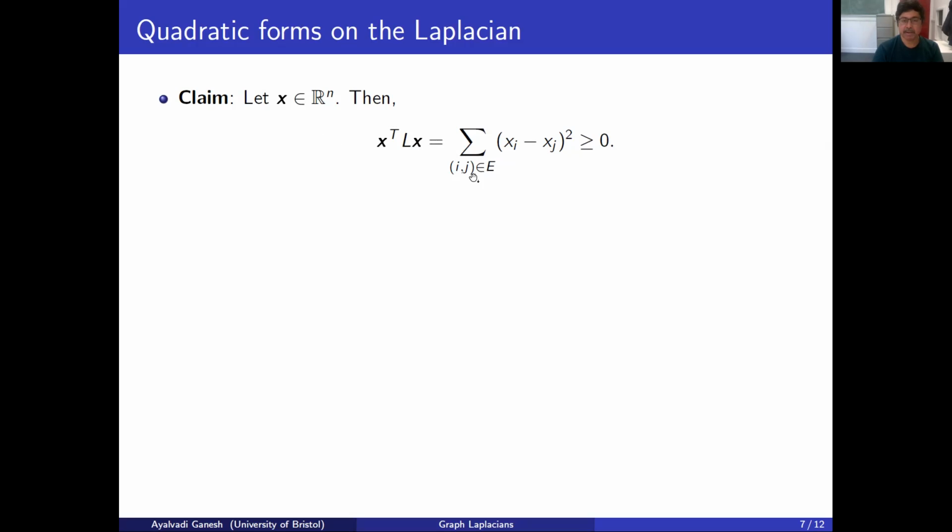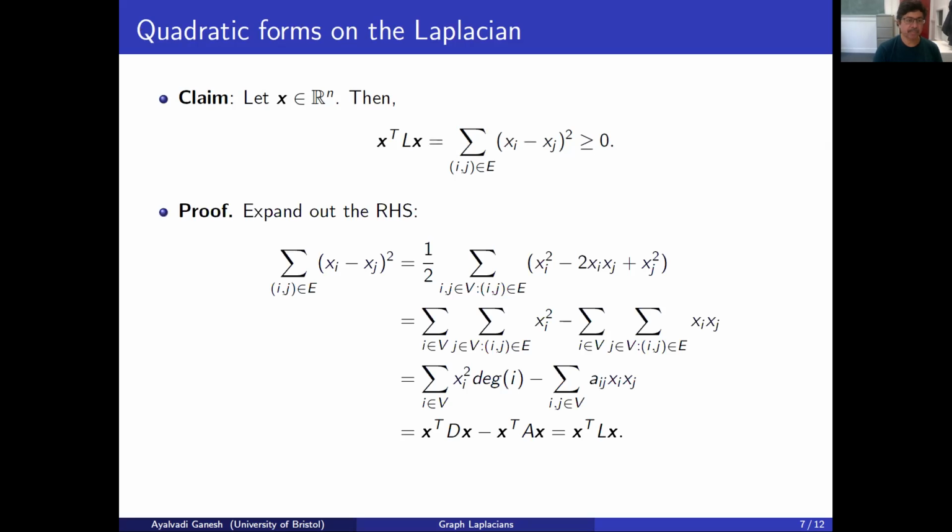And then this quadratic form is the sum of the squared differences along the edges of the graph. And since it's a sum of squares, it is necessarily non-negative. Is the statement of the claim clear? Okay, if so, let's go on to prove it.